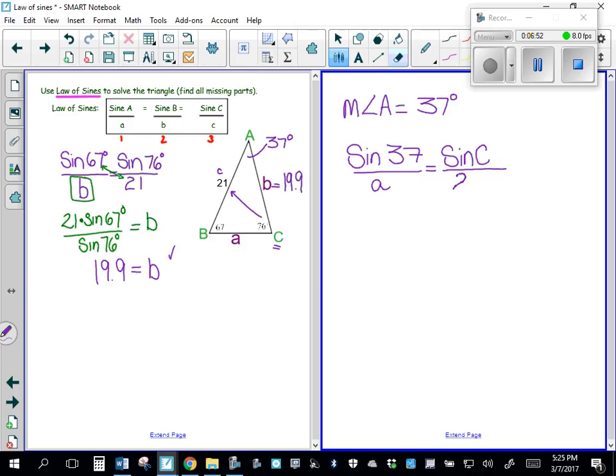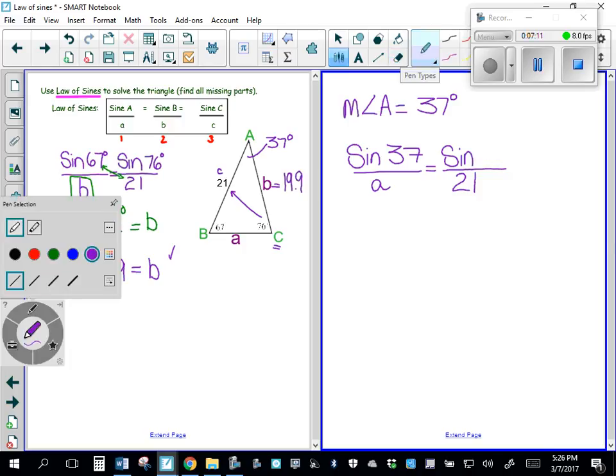But we also talked about learning how to store on the calculator. We'll work more on that in class. So I'm going to use the sine C over side C, and I should have put in the value of C, so I'm just erasing that. So C is 76 degrees.